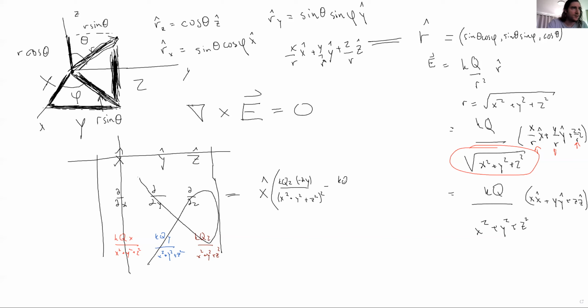So it's kqy, and it's going to be times minus 2z over the same factor here, x squared plus y squared plus z squared, and then the whole quantity is going to be squared. And that is just the x hat component of this cross product, the curl.